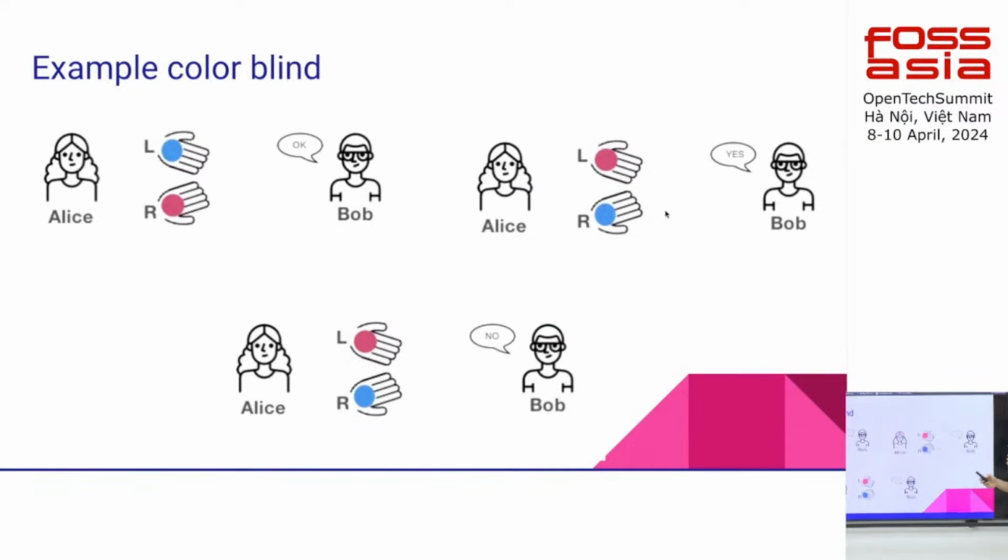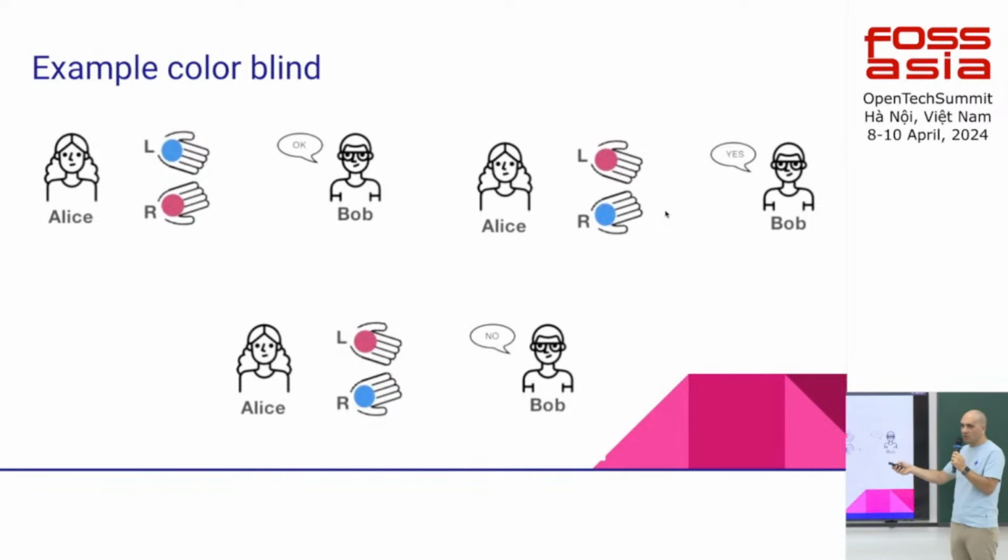So what we do is Alice takes the balls and puts them behind her back, and she chooses whether to swap them or not, and then shows them back to Bob, and Bob tells her whether she swapped them or not. If we repeat this many times, and Bob is always right, at some point, probabilistically, Alice is sure that Bob can see the different colors of the balls, but Bob has not revealed to her the color of each ball.